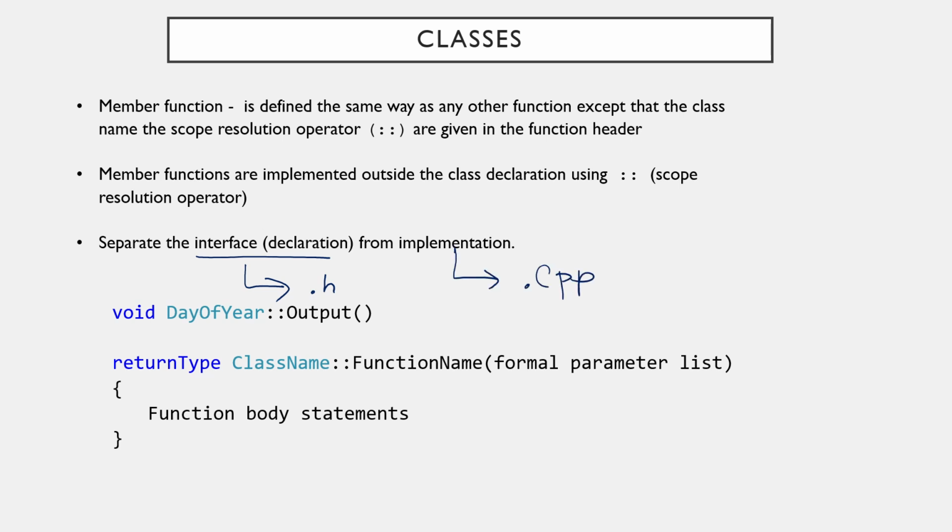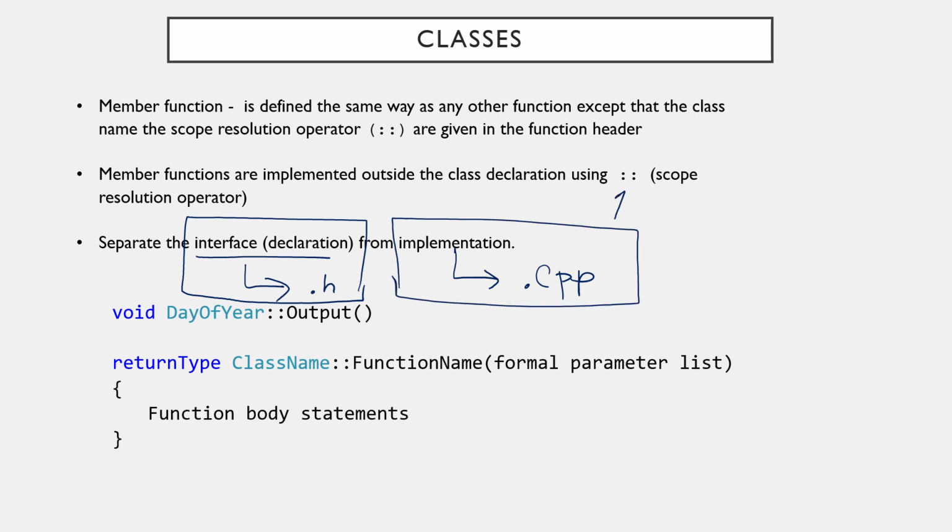You have already seen this difference: we separated our function prototypes from our function definitions. With classes, the declaration is in one file, separated from the implementation, and you use the scope resolution operator for each function definition and include the name of the class.